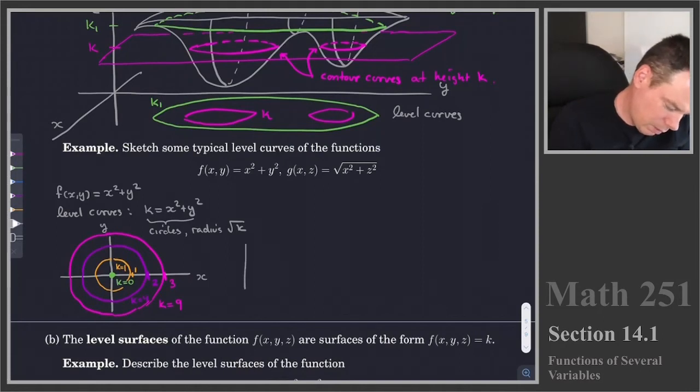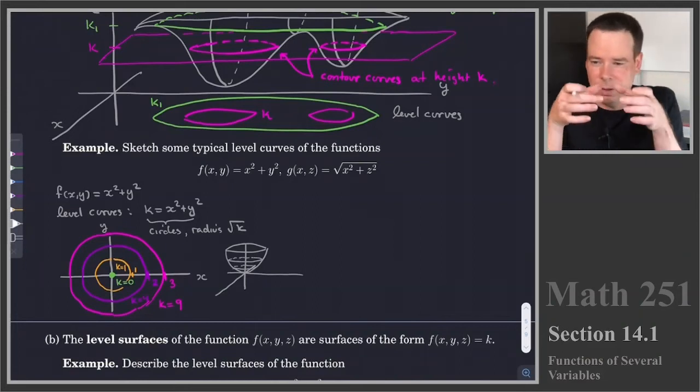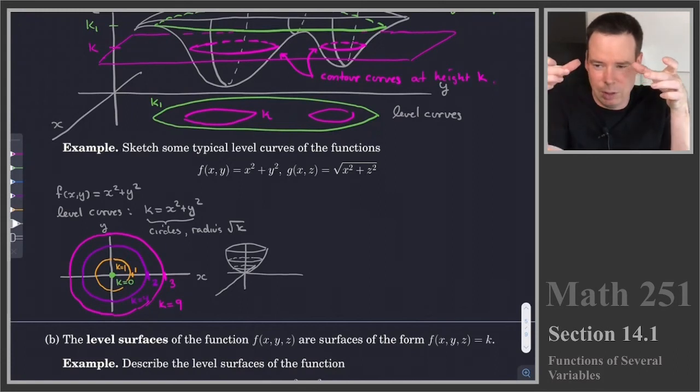So from this, I can start to visualize, hey, maybe the graph of this looks like something like this, where at each height, I get this circle that's sort of getting higher and higher, but it's getting bigger in radius.